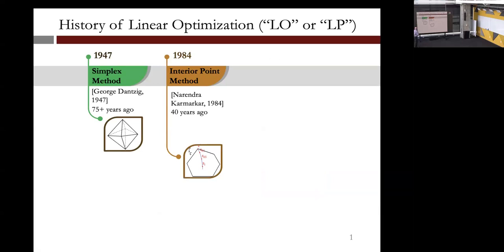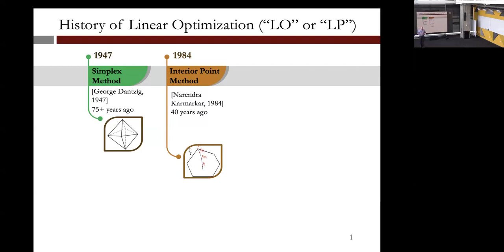I don't know. Okay, so let's just do a very quick history of optimization in a sense, not meant to be comprehensive, but I would say for linear optimization, or often it's called linear programming, the simplex method was developed by Danzig in 1947. So that's actually 76 or 77 years ago, depending upon how you count. And that was the primary tool that we used to solve linear programs.